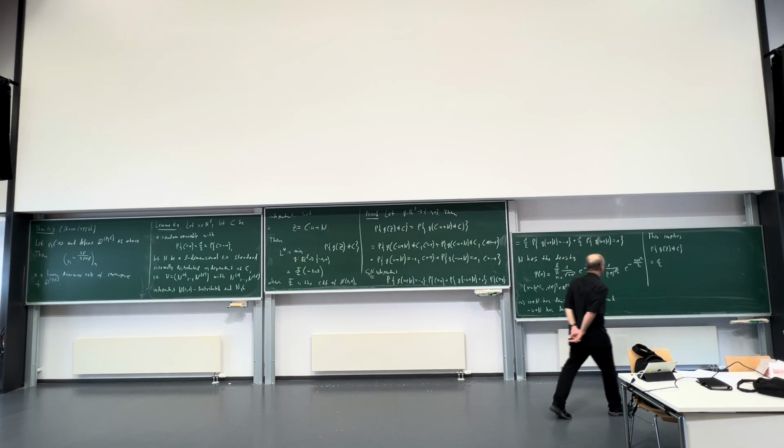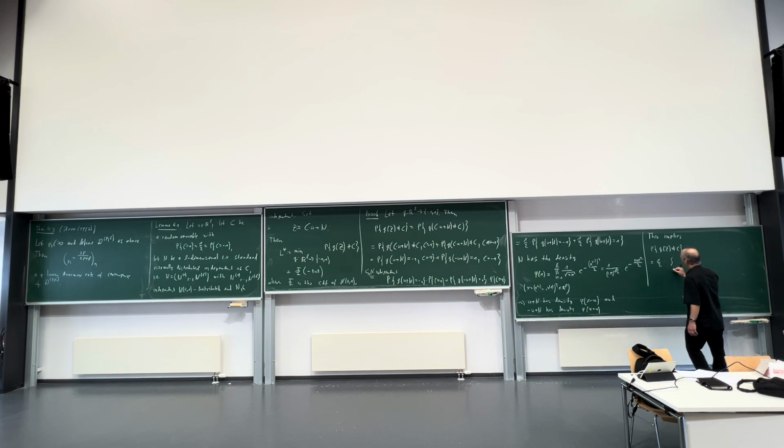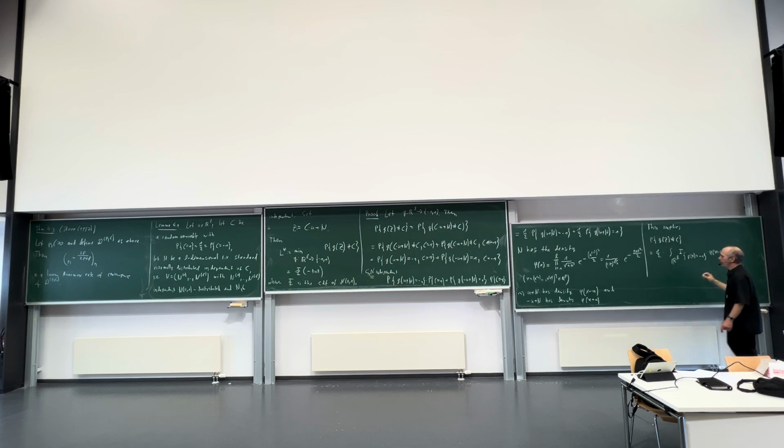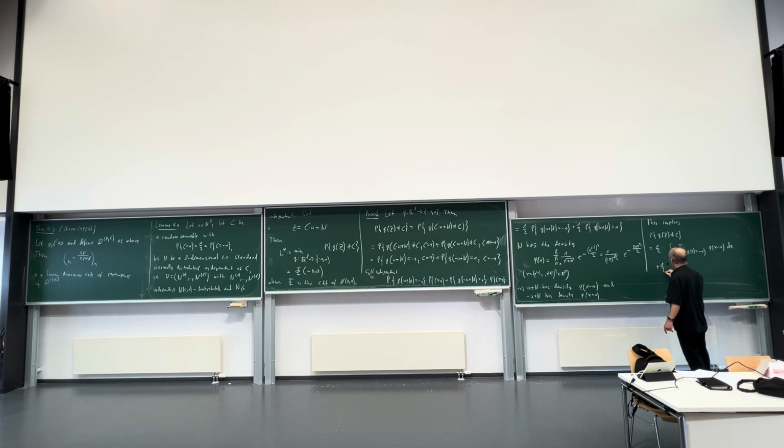It's the expectation of the indicator that g of x is equal to -1, times the density of x. So the density here is phi of x minus u, dx, plus the second integral.